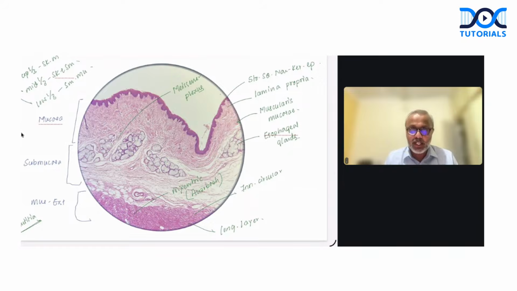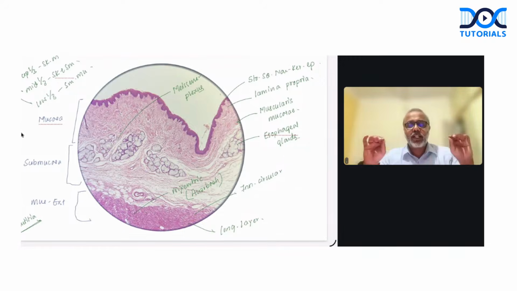Submucosa contains plenty of mucosal glands which are suggestive of esophagus. Esophagus is the proximal part of the gastrointestinal tract. This is made up of 4 layers again. The mucosa is subdivided into lining epithelium, lamina propria, and the muscularis mucosa. Lining epithelium is made up of stratified squamous non-keratinized epithelium.